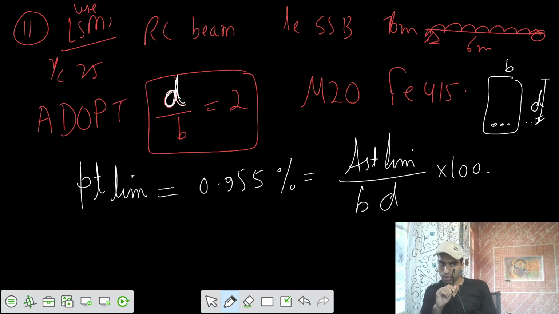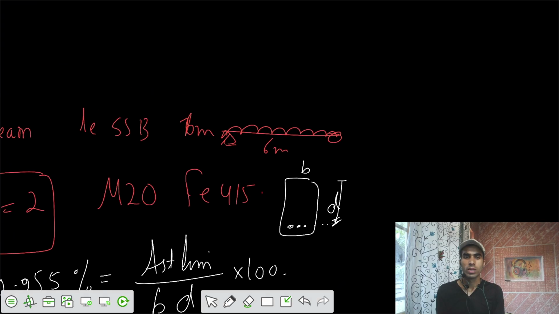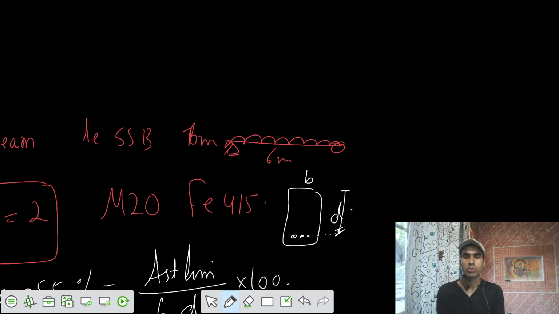AST limiting is also provided to you. And loading, you should also calculate what loads we can apply on the beam. Actually, loading is provided to you. See what the problem is saying about the loads.